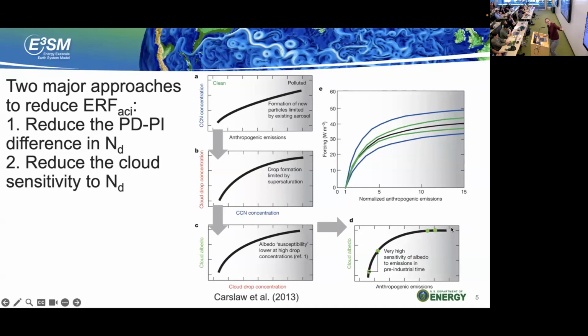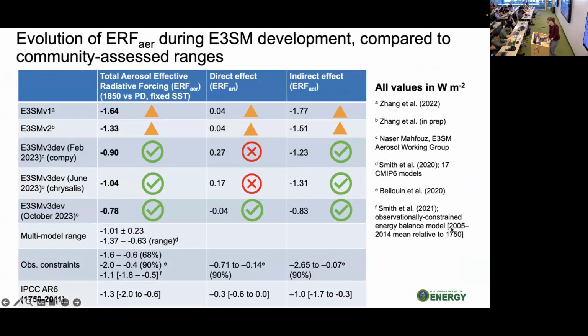But if you're on the right-hand side, an increase in emissions of the same amount, so the same difference on the x-axis, leads to a much smaller increase in albedo. And so this is why regions that are very pristine and then have pollution aerosol added to them are particularly important for the aerosol effect through aerosol-cloud interactions.